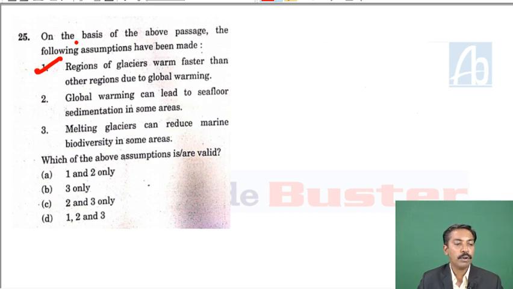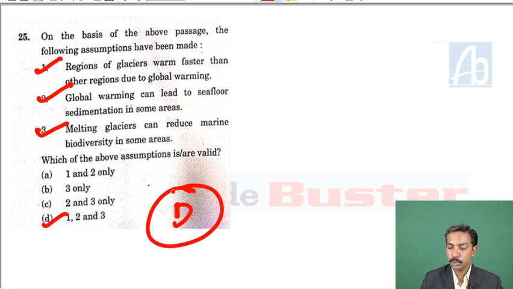Second statement, global warming can lead to sea floor sedimentation in some areas. Yes, it is true. Statement 3, melting glaciers can reduce marine biodiversity in some areas. For all these 3 we have references. The last sentence says that they believe increased levels of suspended sediment in water to be the cause of the dwindling biodiversity in the coastal region. So yes, melting glaciers can reduce marine biodiversity in some areas. Answer is option D, 1, 2 and 3.